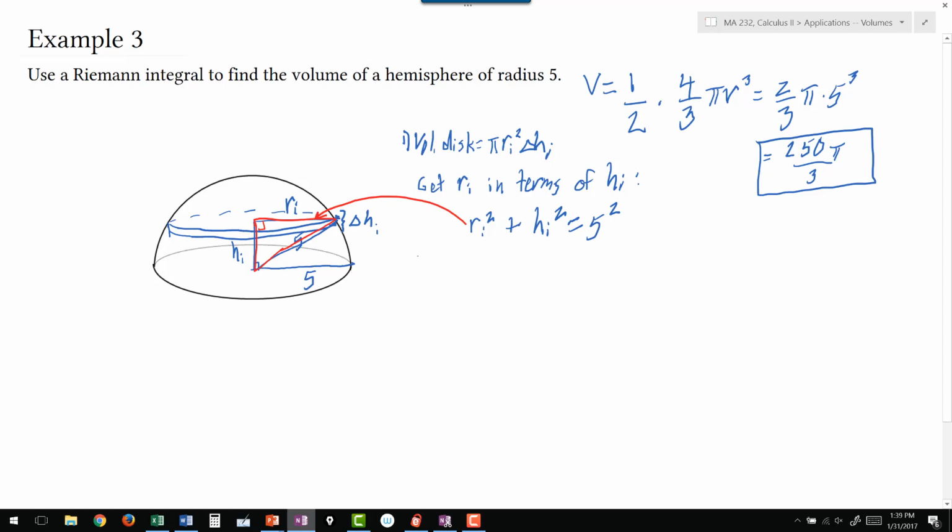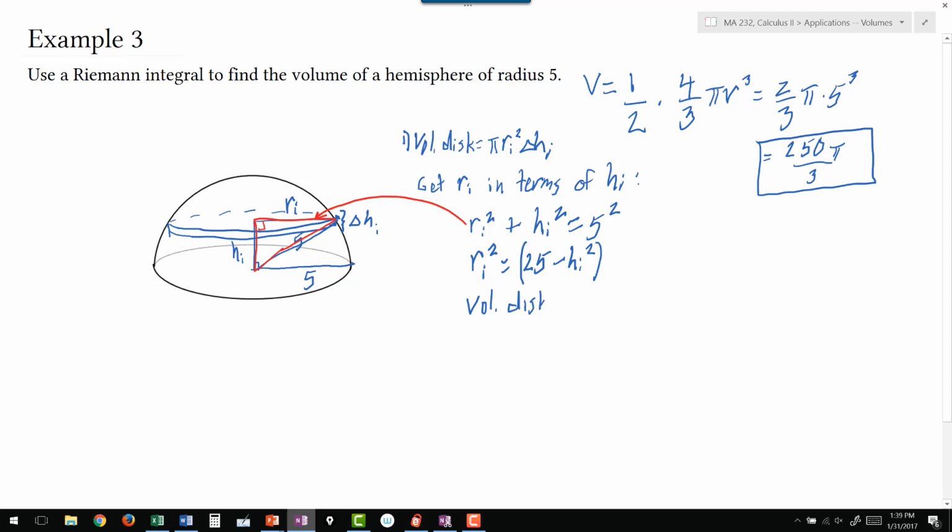Using the Pythagorean theorem applied to the triangle shown in red, I can rewrite r sub i in terms of h sub i. Now I could go further and actually solve for r, but notice in the volume of the disk, r_i squared is actually what I want. So there's no need to do that work.